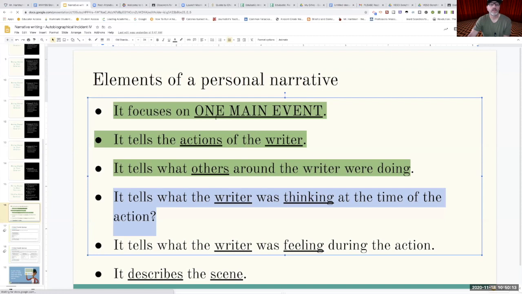We wanted to see if it focused on one main event, if it tells the actions of the writer, so what they're doing physically, how they are moving through space, what others around the writer are doing, what the writer was thinking at the time of the action, what the writer was feeling during the action, and then if it describes the scene. Again, these are all elements of a personal narrative.